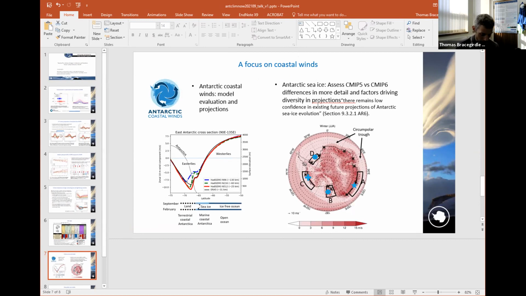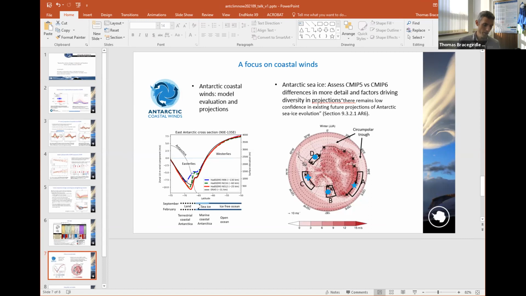performance and projections, and there are differences, some of which seem to relate to the baseline climatology representation, but others seem to relate to the different climate sensitivity in CMIP6.